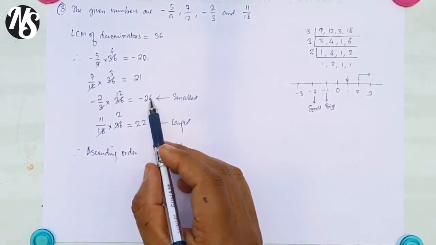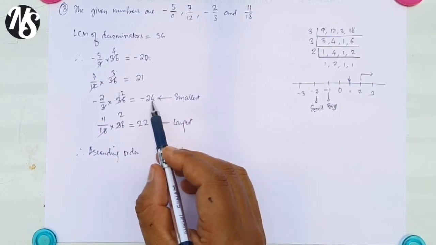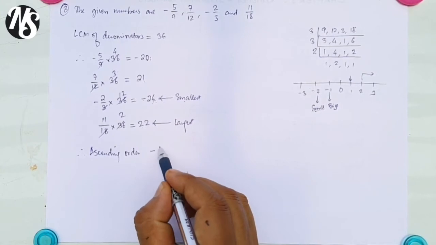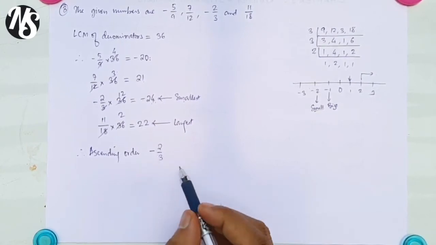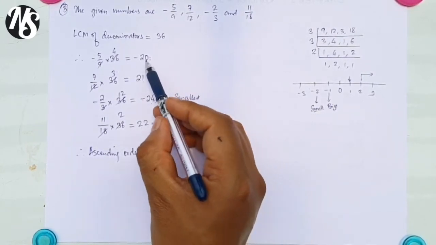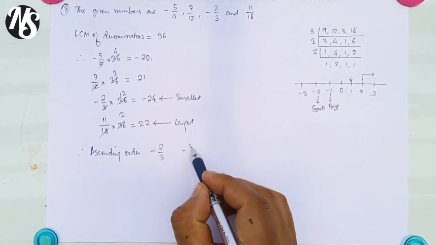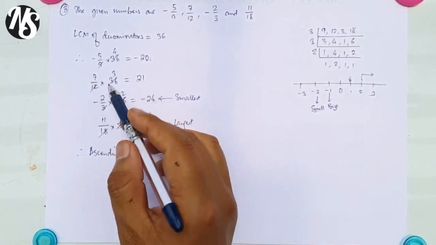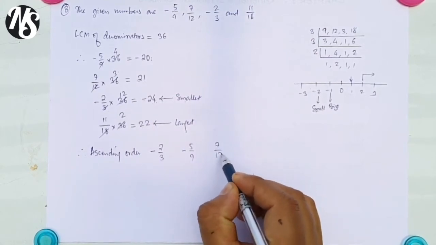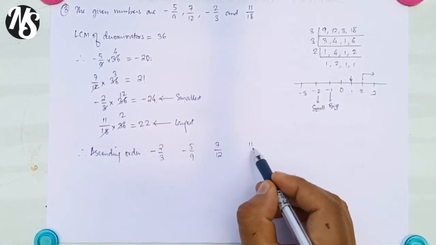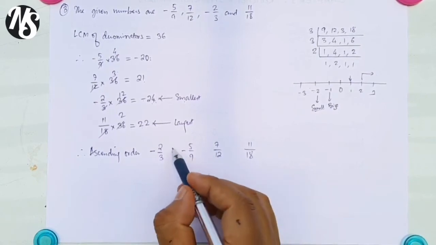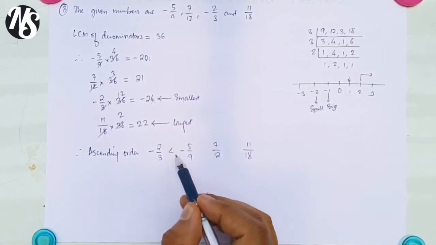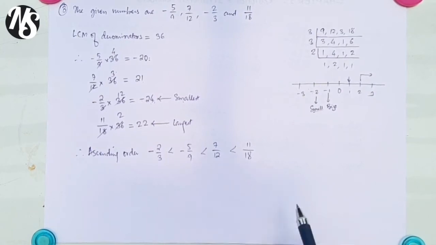The smallest is minus 24, but this minus 24 came from minus 2 by 3, so you have to write minus 2 by 3 first. Next smallest is minus 20, which is a part of minus 5 by 9. Next is 21, which is a part of 7 by 12, and the last one is 11 by 18. So this is smaller than this, that's why you'll write this particular sign.